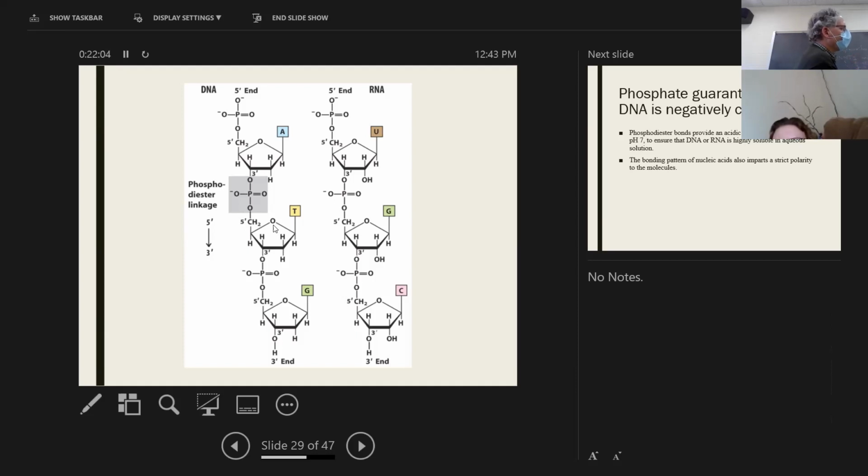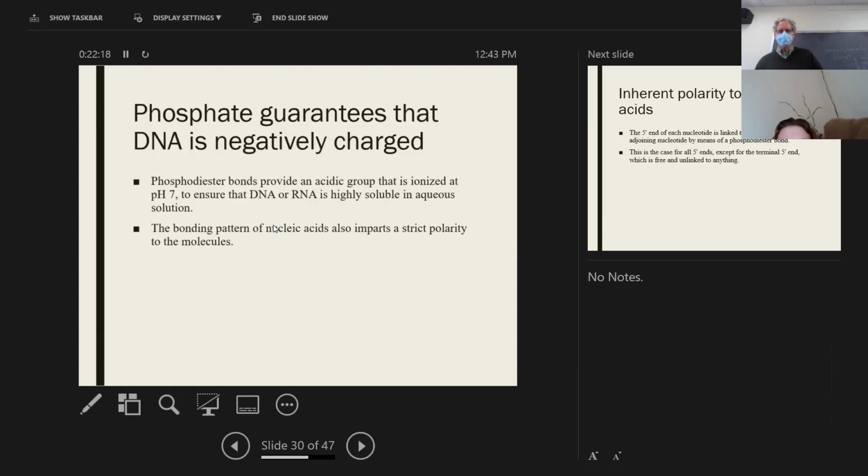So these go from 5 to 3. They're made, in fact, from 5 to 3, as we'll see. These molecules, not unlike proteins, have polarity. The phosphate is charged at physiologic pH. That's why it's called ribonucleic acid, deoxyribonucleic acid, because the phosphoric acid groups are ionized.